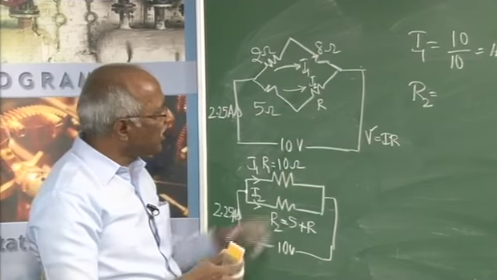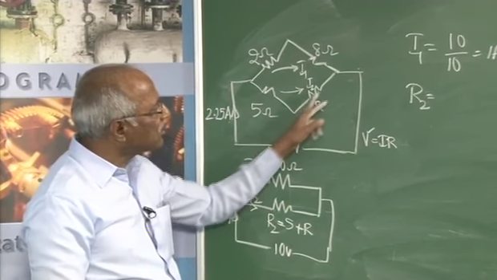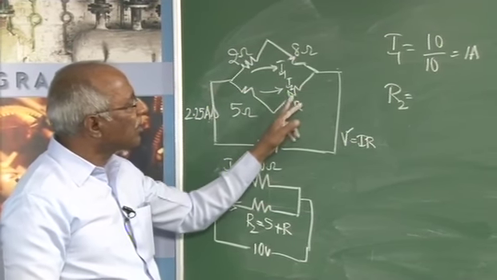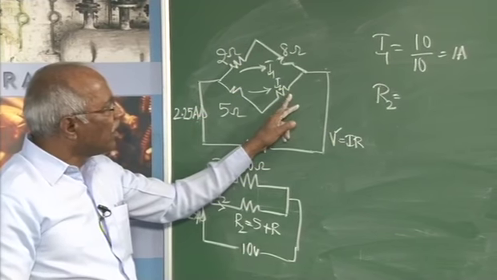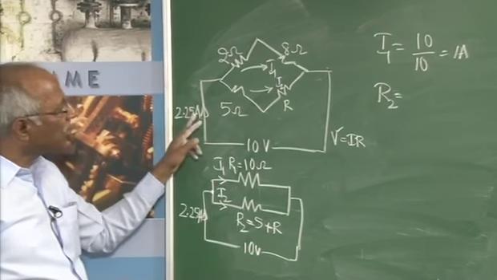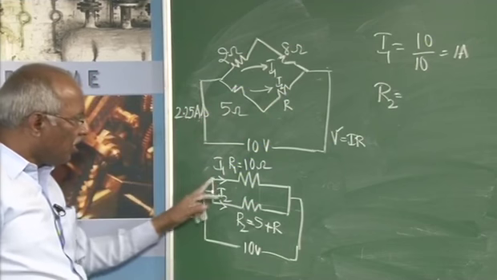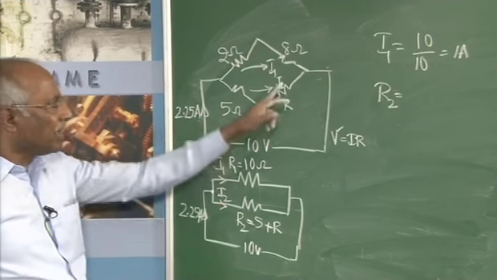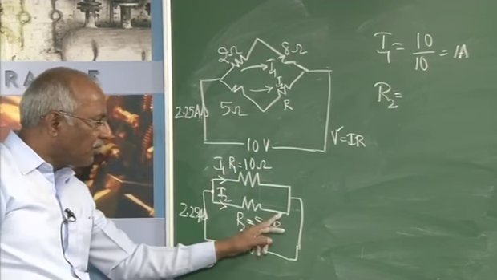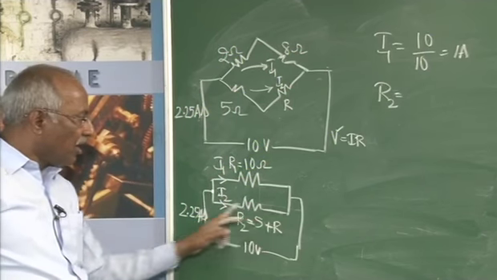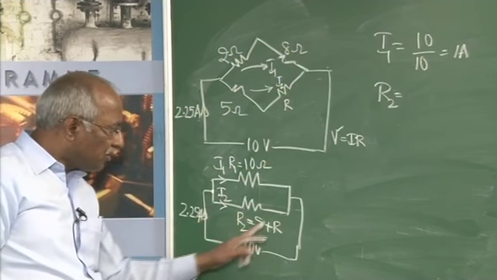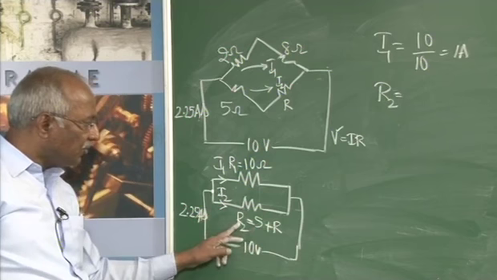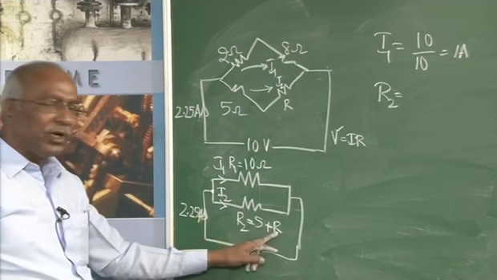Here the voltage across this is not known and also the current is not known. However, we know the total current, and we know the current flowing through this one, I1. So, with that I know the current flowing through this. Voltage across these two must be 10 volts. So, in that case I can find out R2, from which you can find out R.